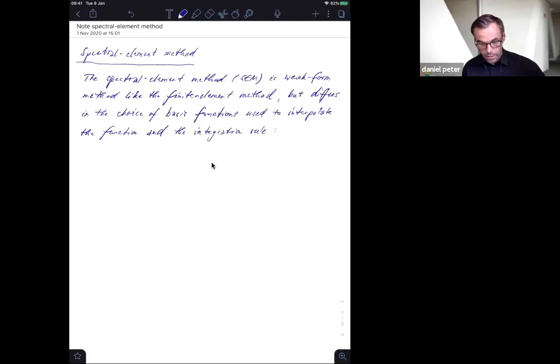So the first point is the basis function. The spectral element method uses higher order polynomials, and in particular the polynomials that we take are the Lagrange polynomials.